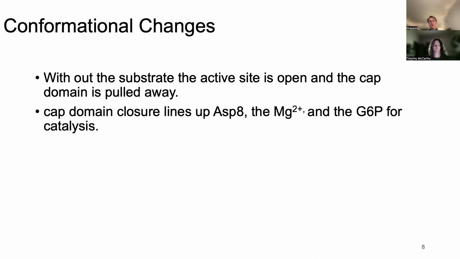In this closed conformation, the aspartic acid 8 and magnesium ion and the sugar substrate are all lined up correctly to allow for effective catalysis. These conformational changes support a mechanism where substrate binding causes active site closure, stabilizes the transition state, and makes phosphoryl transfer more efficient.